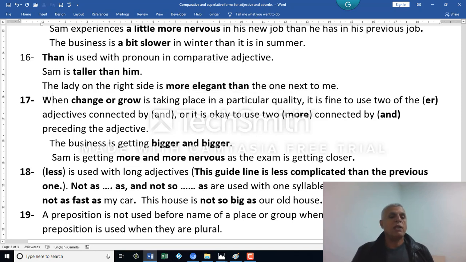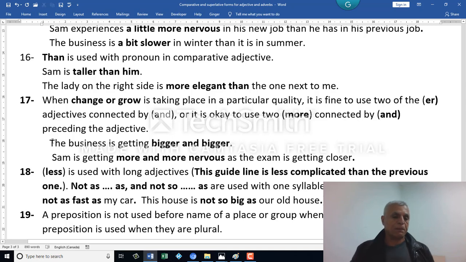Sometimes we say here when change or growth is taking place in a particular quality. It's fine to use two er adjectives connected by and. Here we say and, or it is okay to use two more connected by and preceding the adjective.